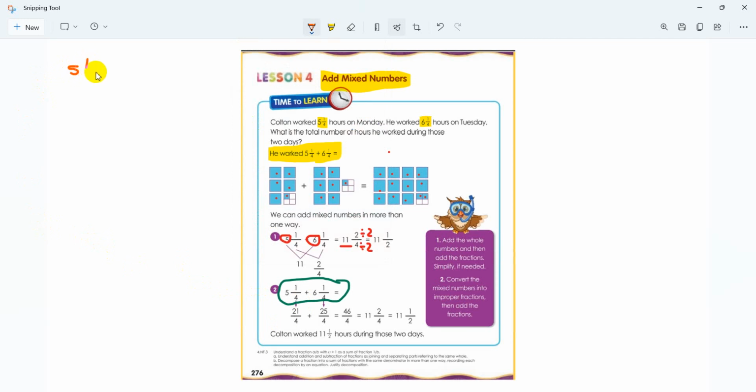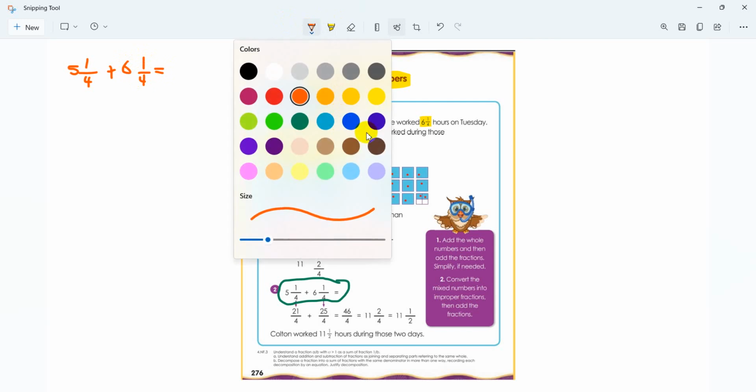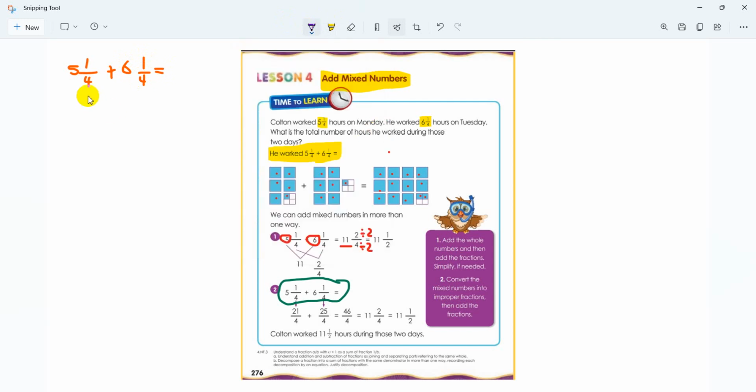If you remember from the last lesson, we have 5¼ plus 6¼. Now we need to add them using the converting rule.